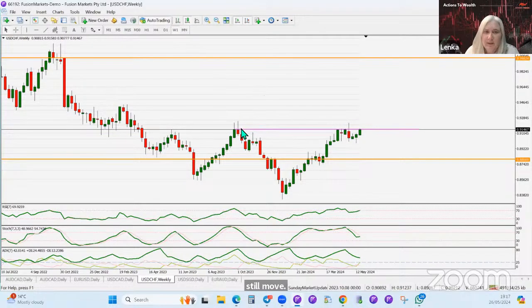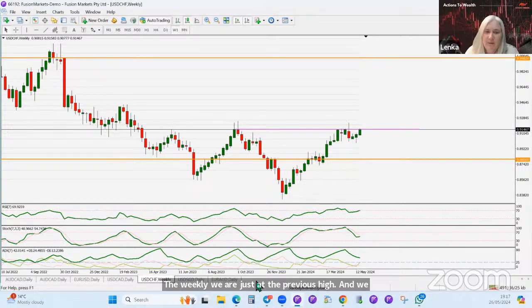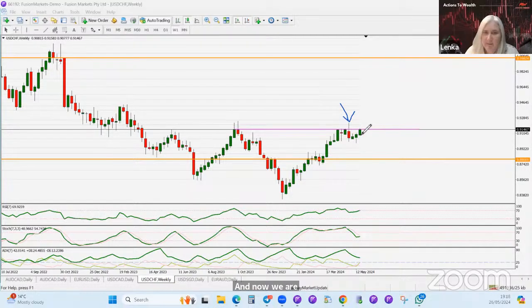On the weekly, we are just at the previous high, and we did have a reversal for the downside at that level, and now we are retesting that level again. So this is a key level for the reversal to happen.